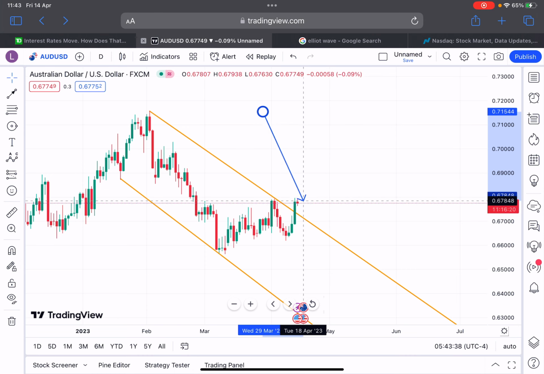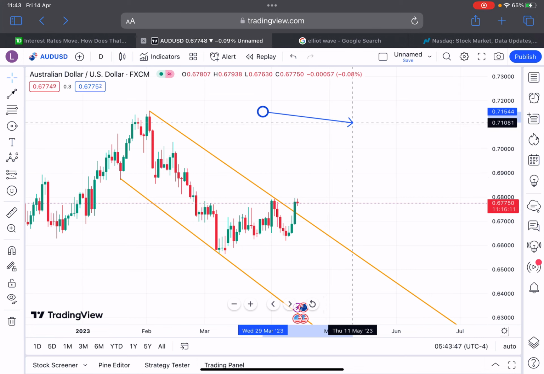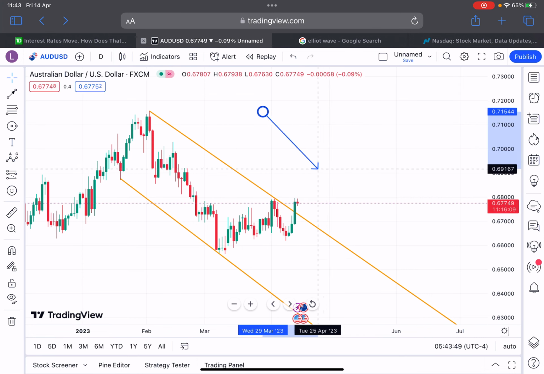Once it is done forming and has been created outside this trend line, then I will confirm that my trend will be changing direction to going up.